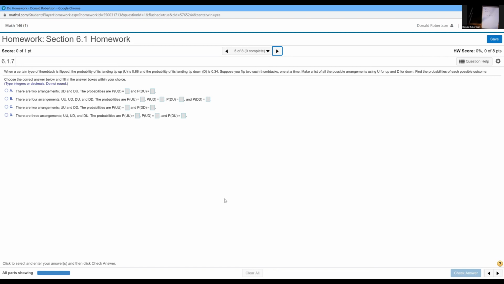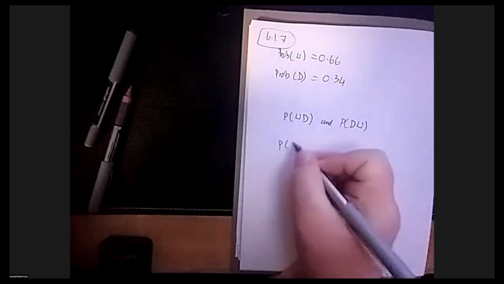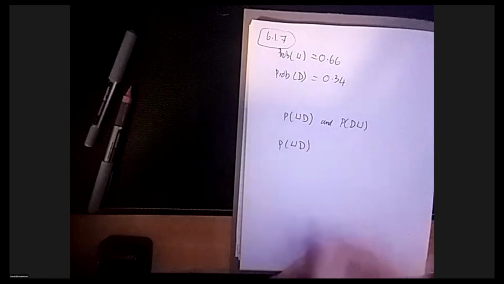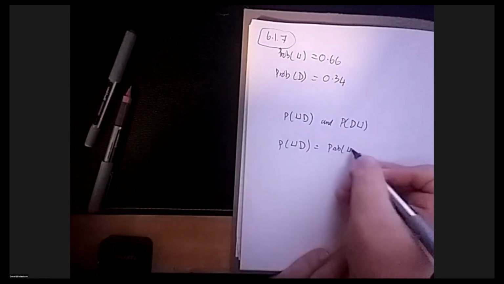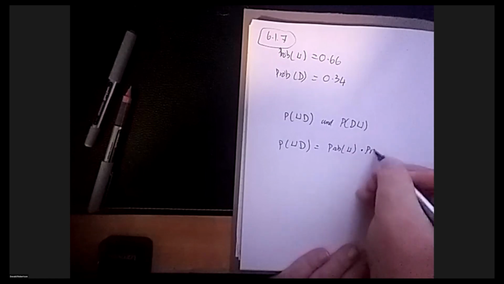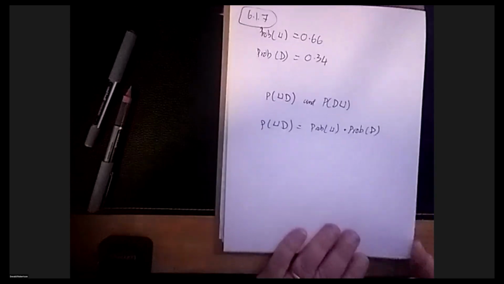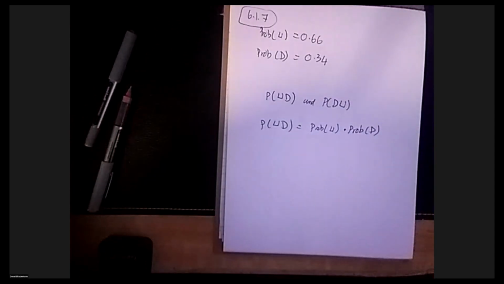Let's see what we get. Right, let's just suppose I wanted to find the tack. The first time was up, the second time it was down. We can separate this into the probability of an up times the probability of a down. The reason we're allowed to do this is that if you throw a tack in the air and then pick it up and throw it again, the two events are totally independent of each other.